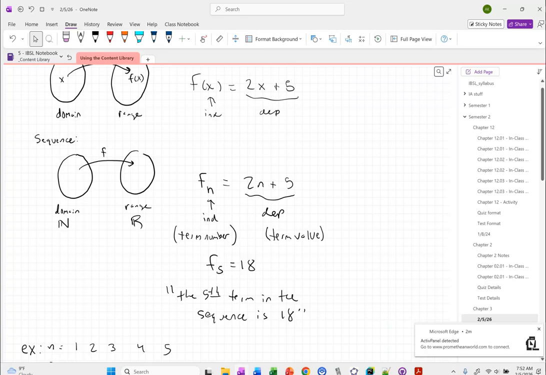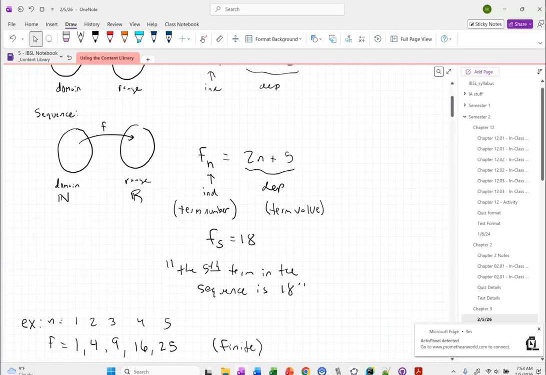So if we read f of 5 is equal to 18, the way we'd interpret that is the fifth term in the sequence is 18. Is everybody okay with the notation and the vocabulary we're using here? Again, I want to be real clear on this because it makes communication way easier if we're all on the same page in terms of what we're writing and how we're writing it.